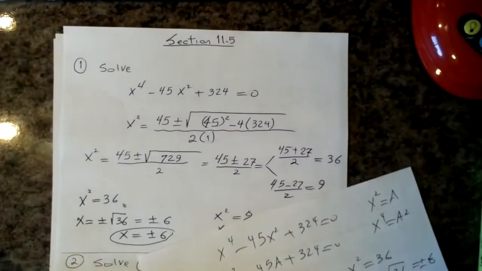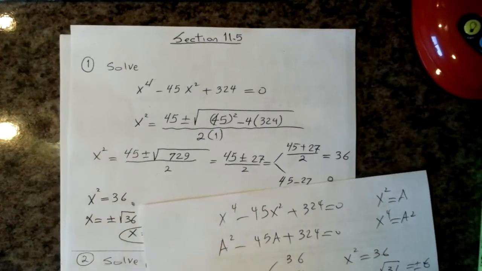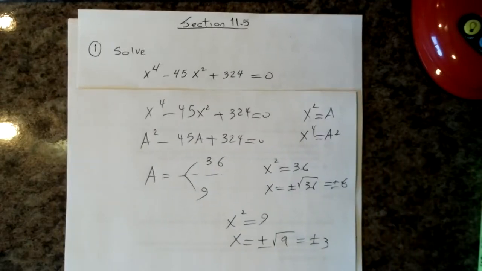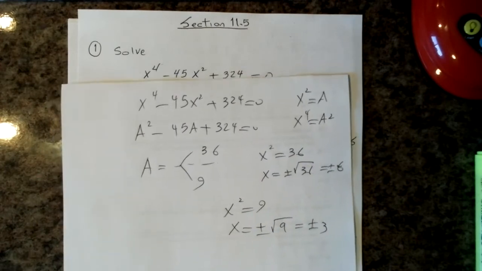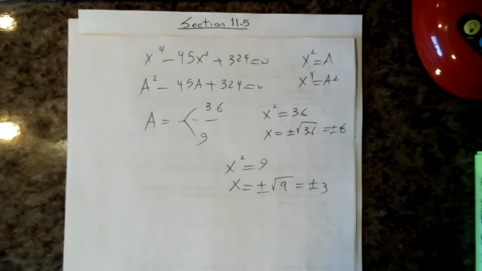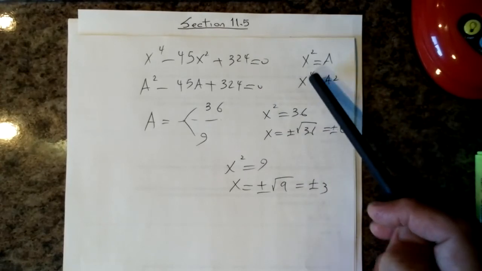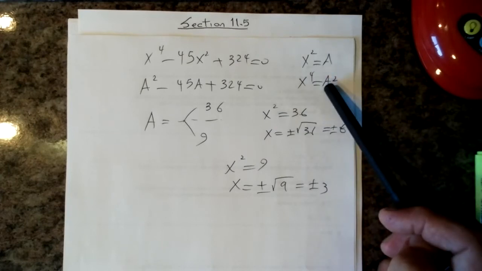When you want to solve equations like that, there are two ways to do it. One is you make the assumption that x² is equal to a, and when you raise it to the power of 2, x⁴ is a².